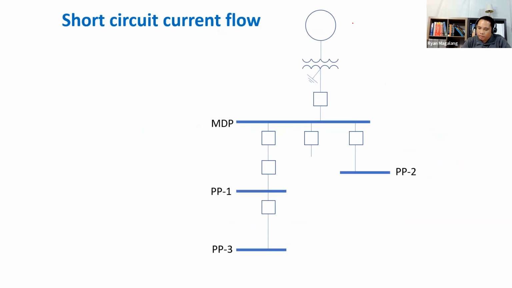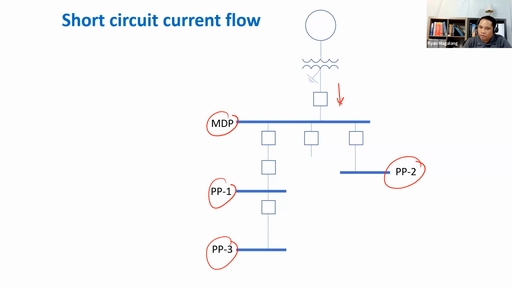You are interested to know the fault current at your devices. Let's say here, your MDP, your PP1, PP3, and PP2. So these are separate calculations. So the flow of the short circuit current will be like this.